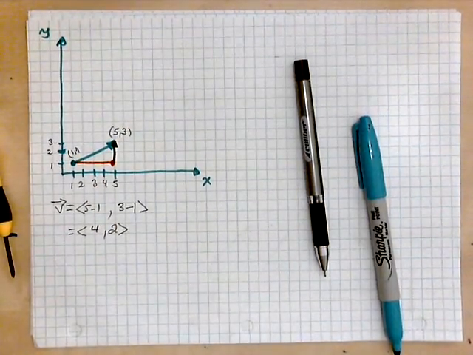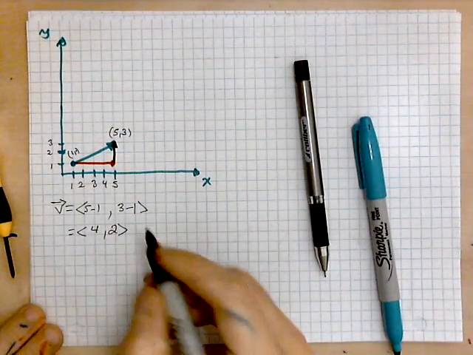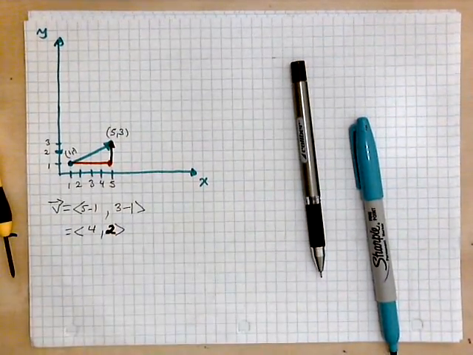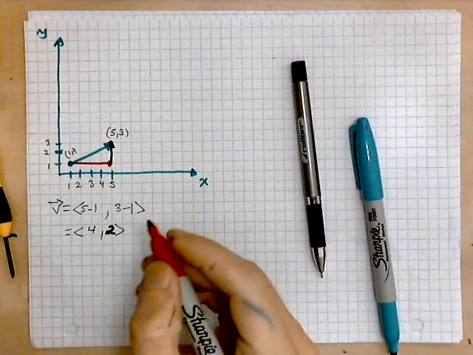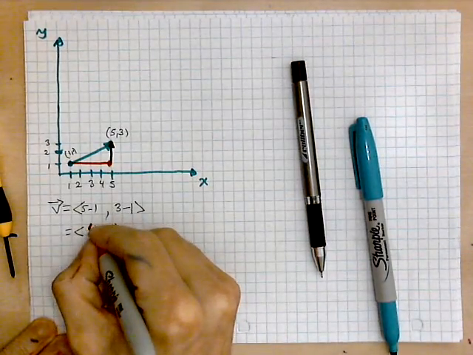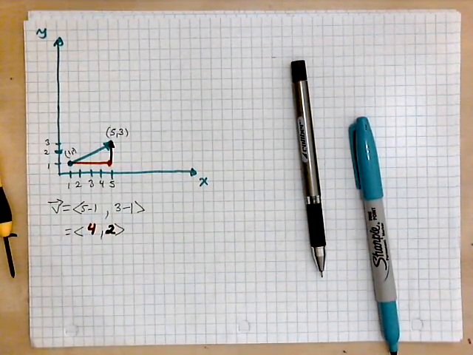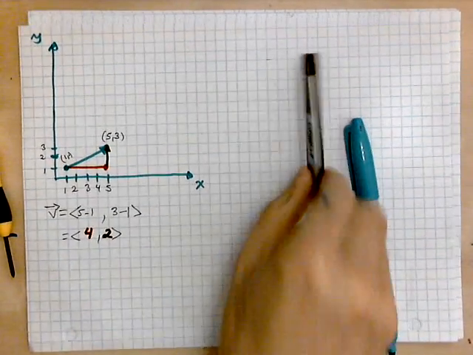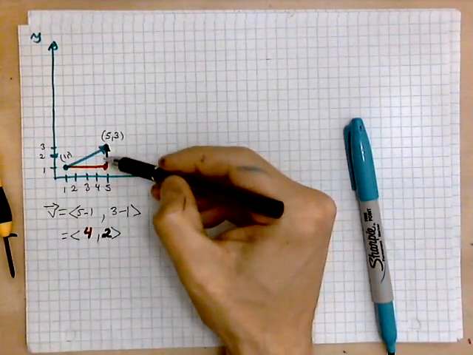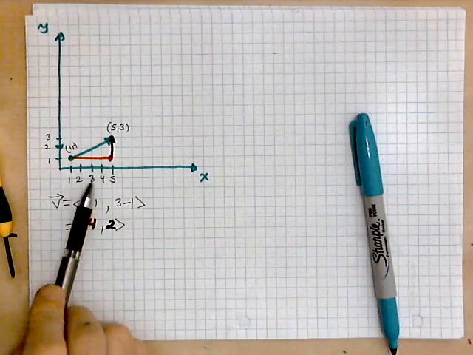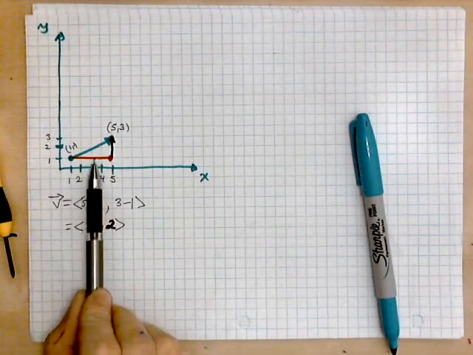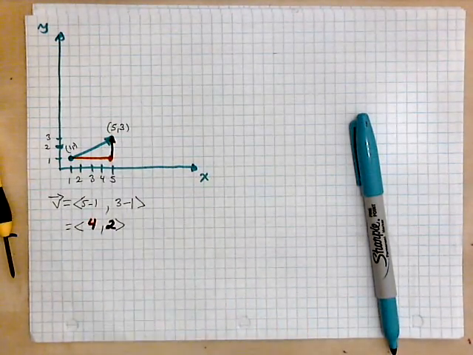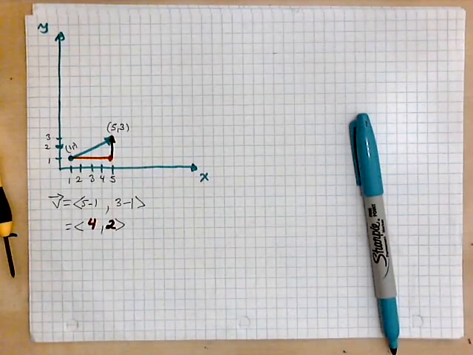Okay, so the black is the 2, and the red is the 4. So x component, y component. The x component is 4, count 1, 2, 3, 4, and the y component is 2, just count. So this is what it means to express a vector in component form.